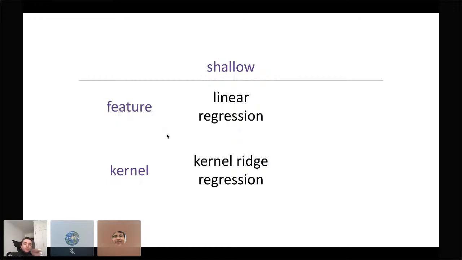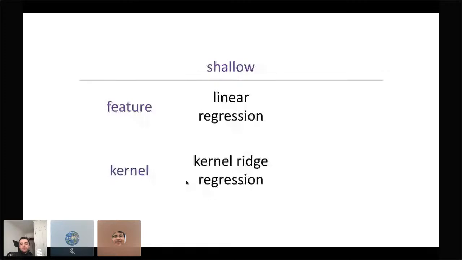Then there's also a family of shallow kernel-based methods, and perhaps the canonical example is kernel ridge regression, which is very closely related to the mean of a Gaussian process.